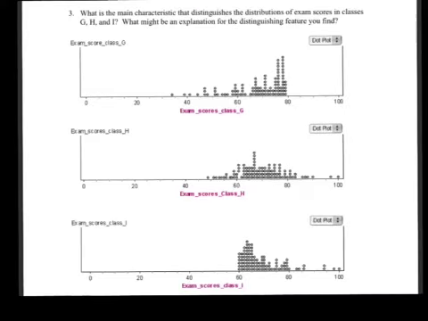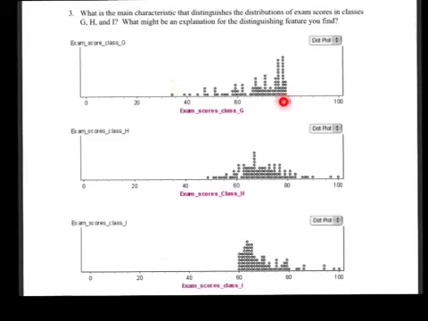In this last set of exam scores, you can, just by immediately looking at this, see that these shapes are different. Over here on the class G, we've got a long tail on the left, so it looks like we've got a left skewed distribution going on there.